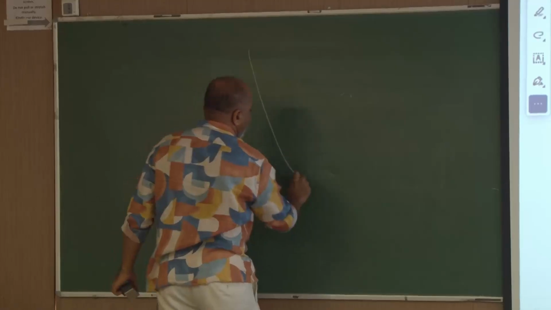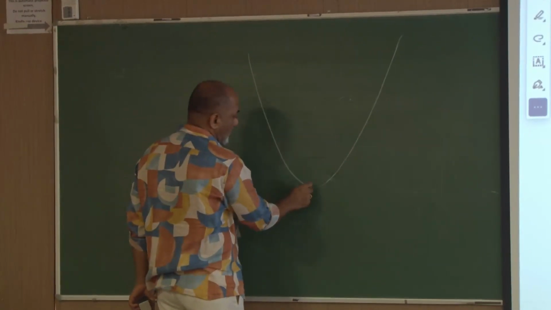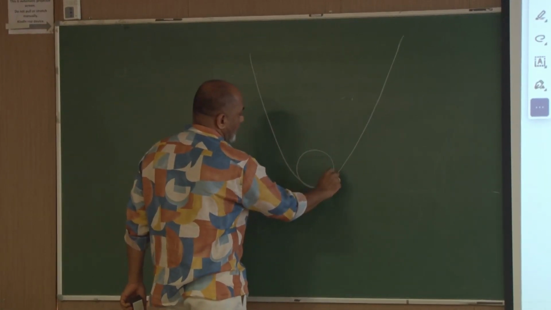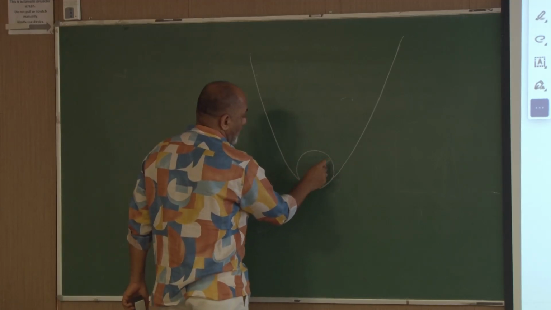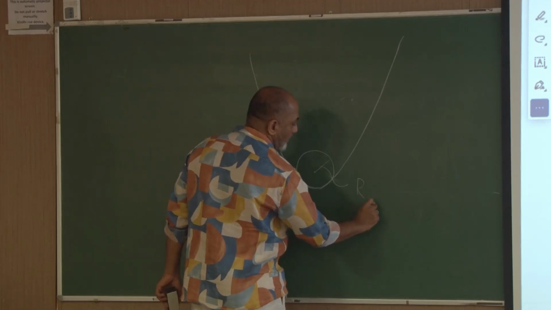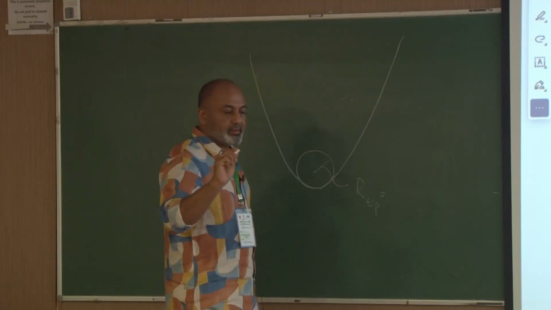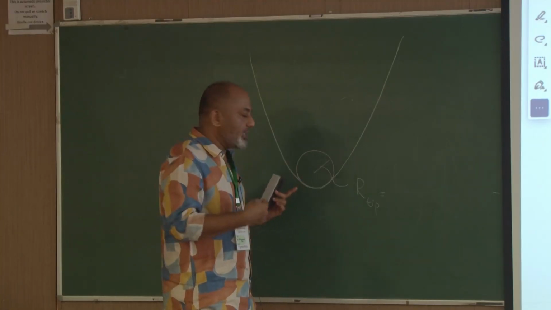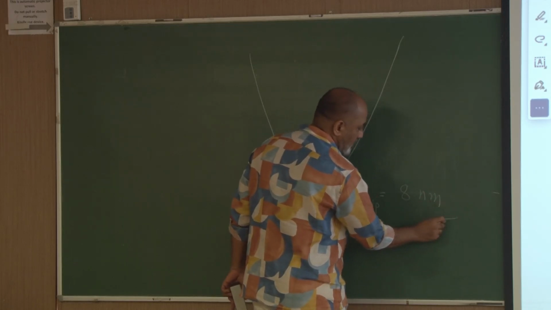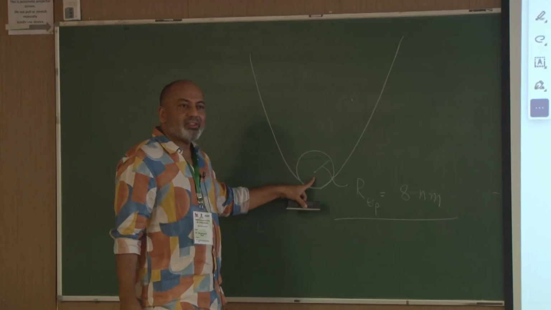Suppose this is my tip, clearly not one atom, and what you do is fit a circle to it, and this radius is called the tip radius. If you go to the market and start buying cantilevers, this will be specified as 8 nanometers. Now, does this mean it is atomically sharp?